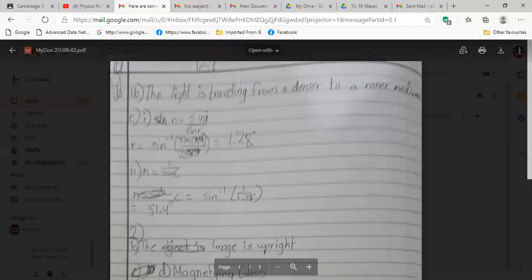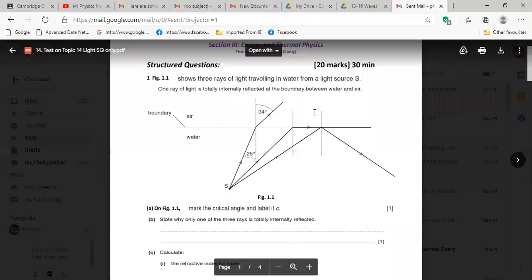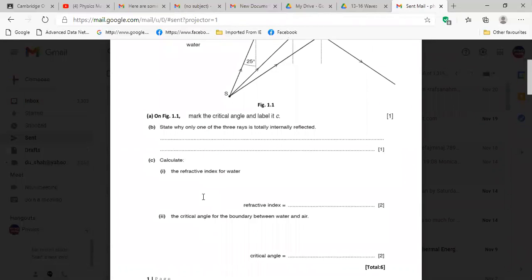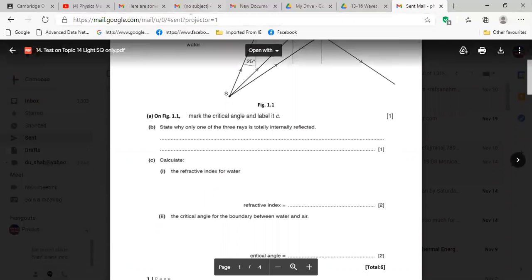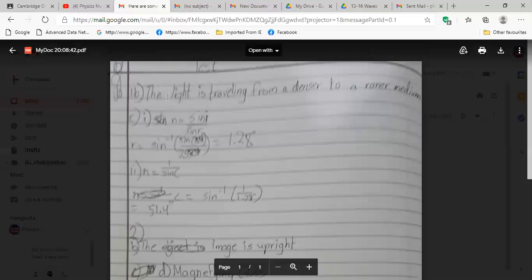Then you are going from denser to rarer medium, right? Yes, sir. And when you are going from denser to rarer medium, that time the formula for refractive index is n equals sine r by sine i, right? Yes, sir. What you did here, you messed up.